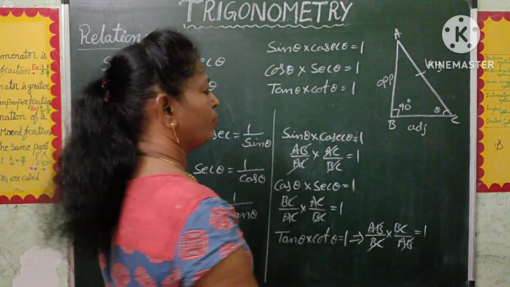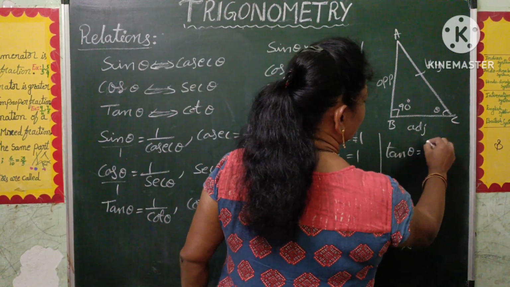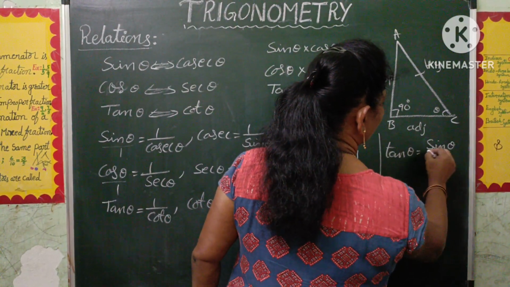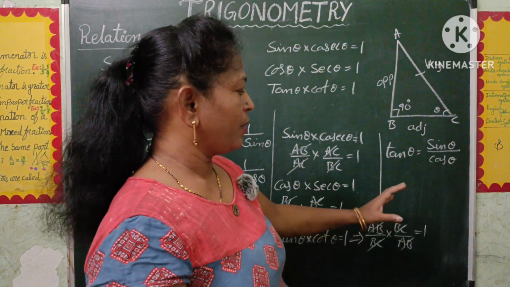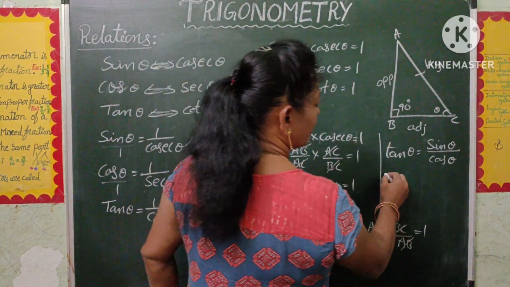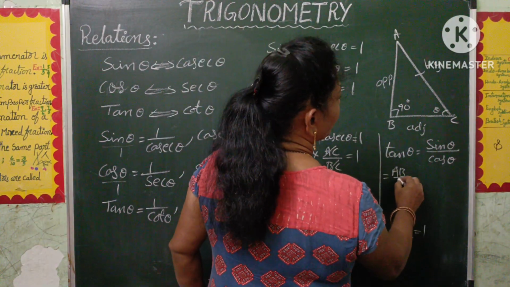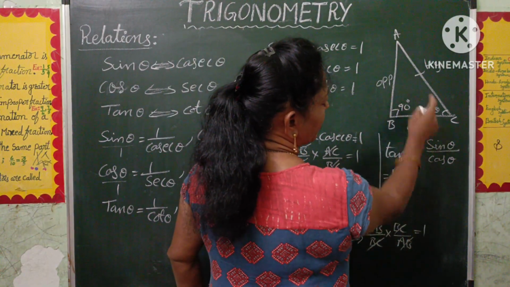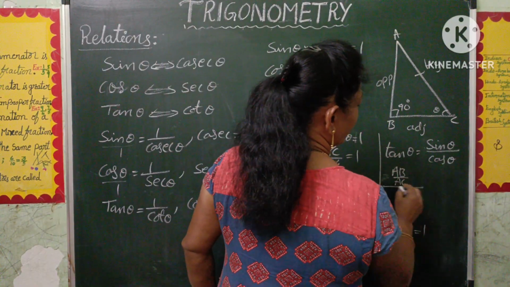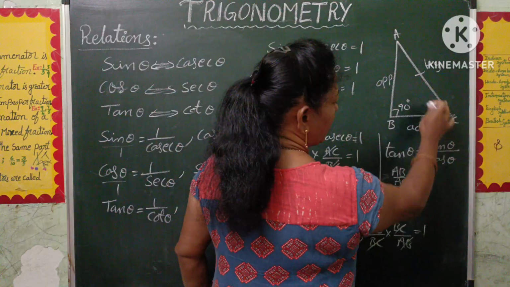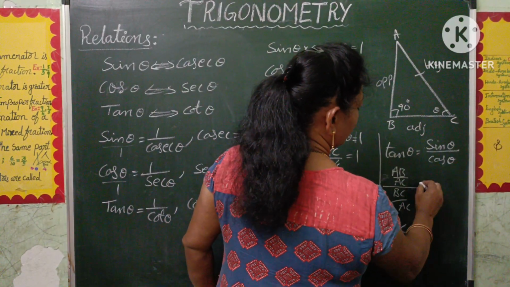And also here one more. Tan theta equal to sin theta by cos theta. Sin theta is the ratio opposite by hypotenuse, AB by AC, whole divided by cos, which is adjacent by hypotenuse, BC by AC.